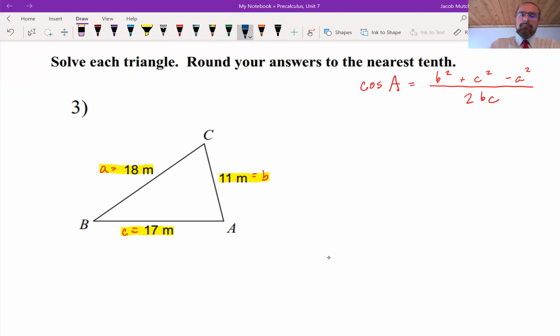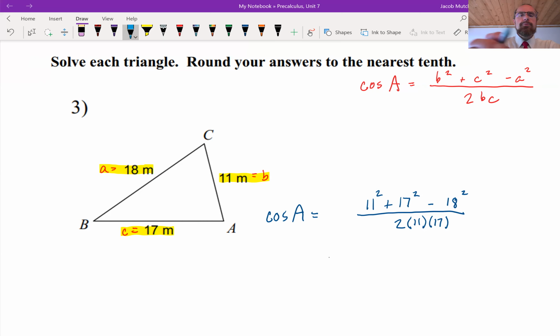Let's set it up. So cosine of A, again, I'm going to put that because I don't know what the measure for A is, equals, I'm going to leave a space for the inverse cosine in a moment. My fraction is going to be B squared plus C squared. So 11 squared plus 17 squared minus A squared, 18 squared, all over 2 times these two, 11 times 17, which is B times C. We'll approach this in terms of solution just the way that we did our last question.